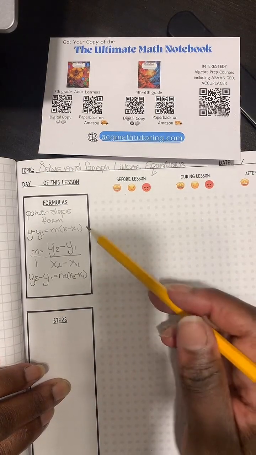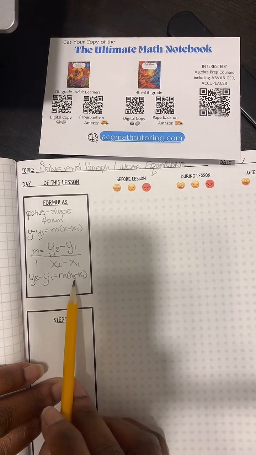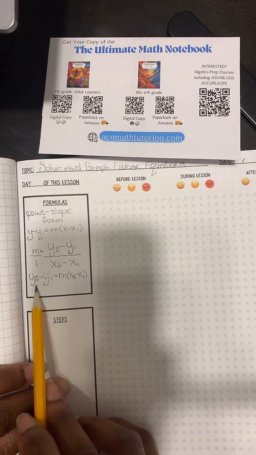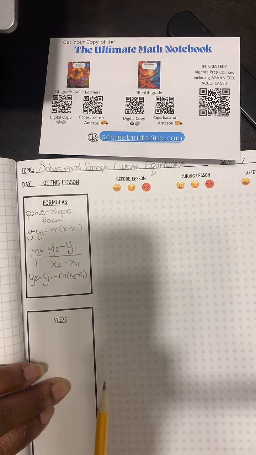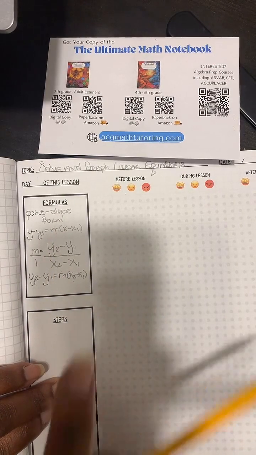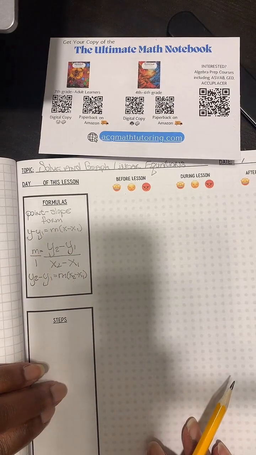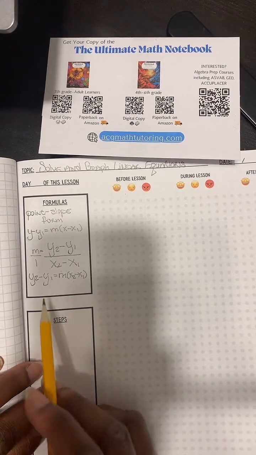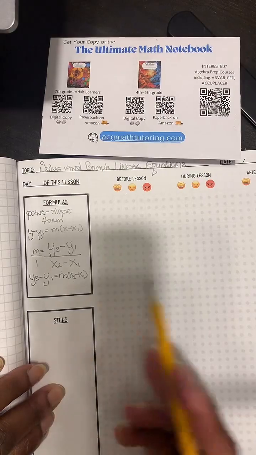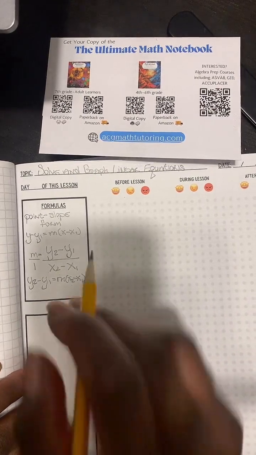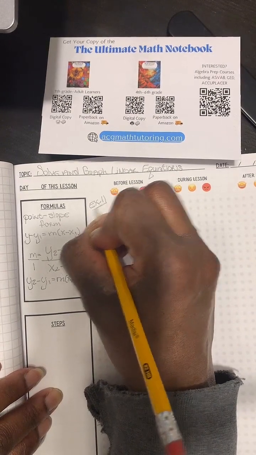Does this look familiar? The only difference is we have y2s and x2s, which means two sets of points. But point slope only needs one point and a slope in order to figure out our information. So it's basically the formula for slope cross multiplied. That's all this is. So I'm going to go into our first example.